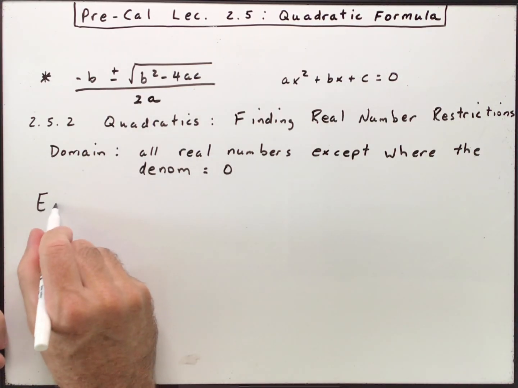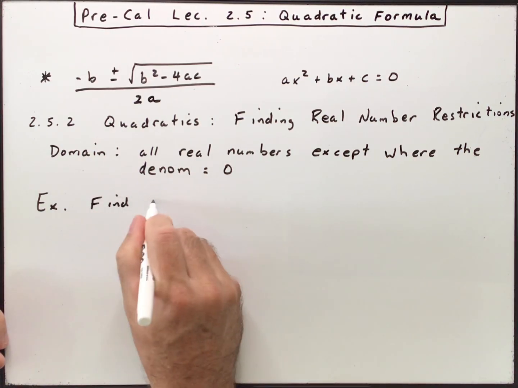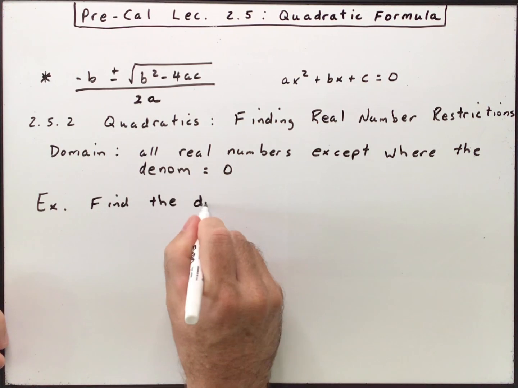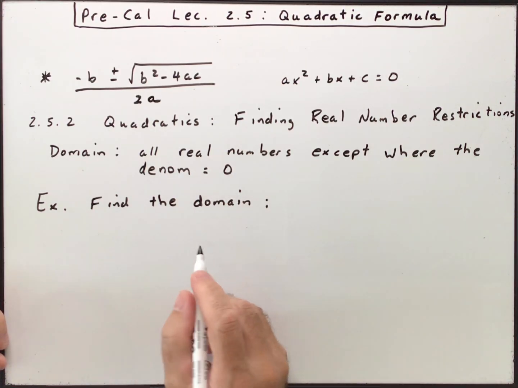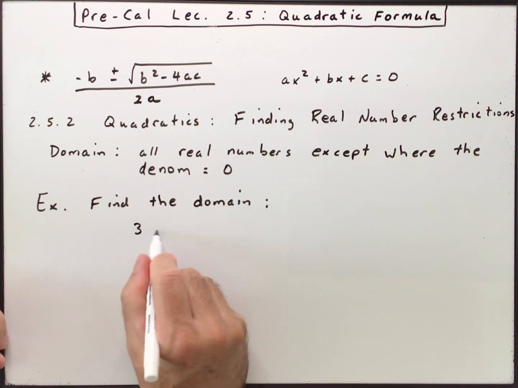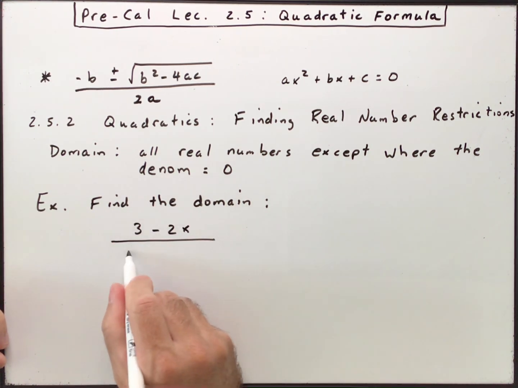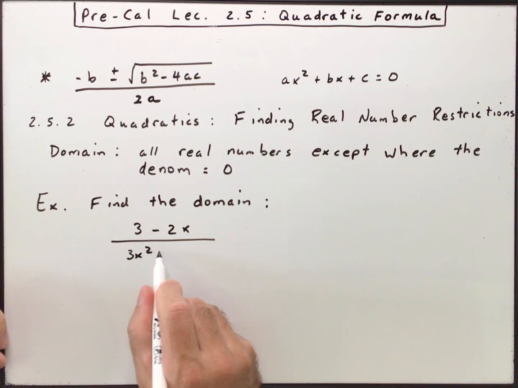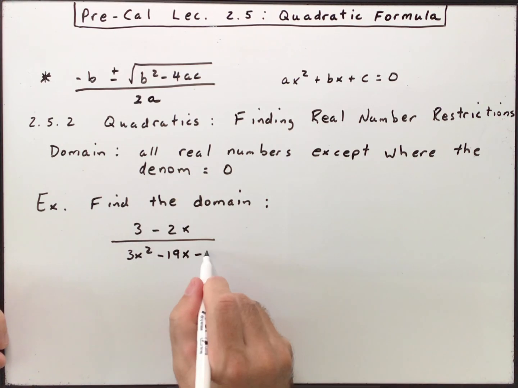So our example would be find the domain, and we have 3 minus 2x over 3x squared minus 19x minus 14.